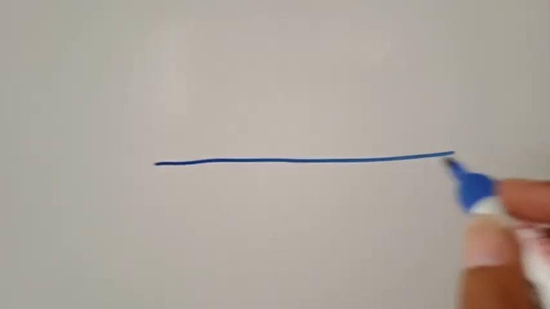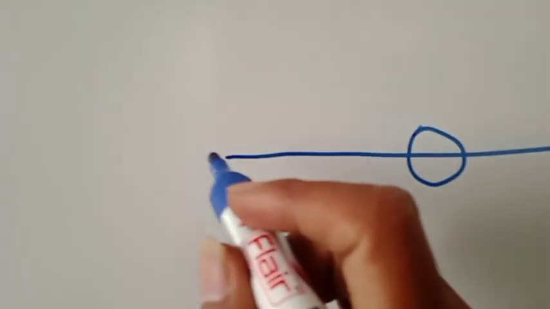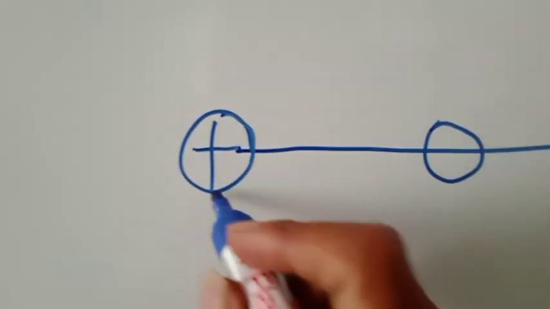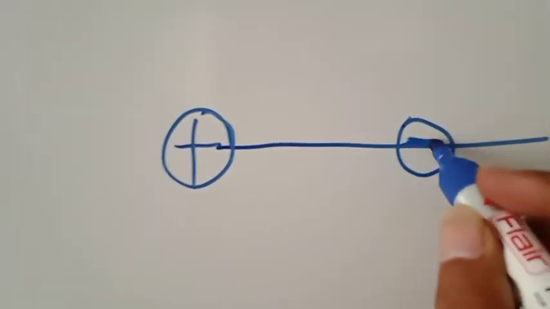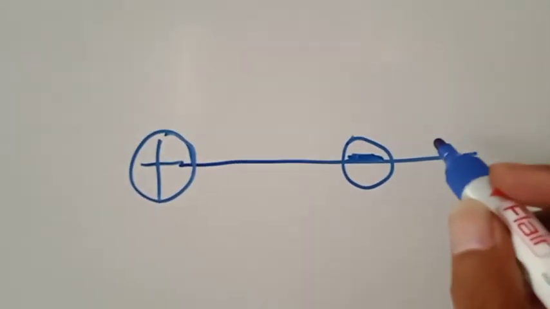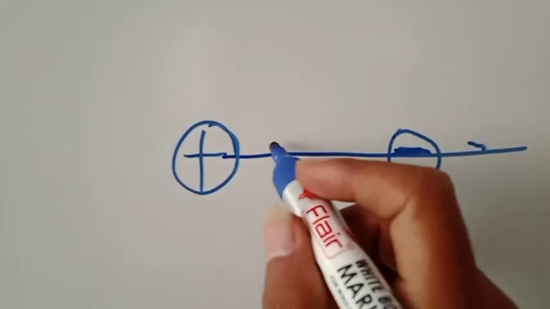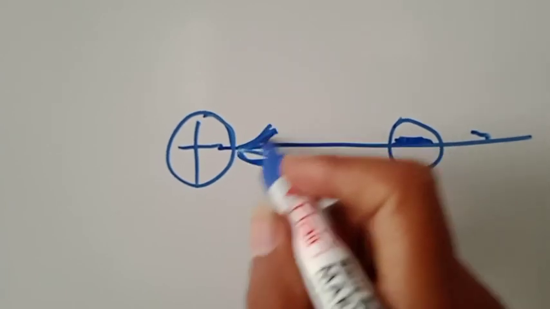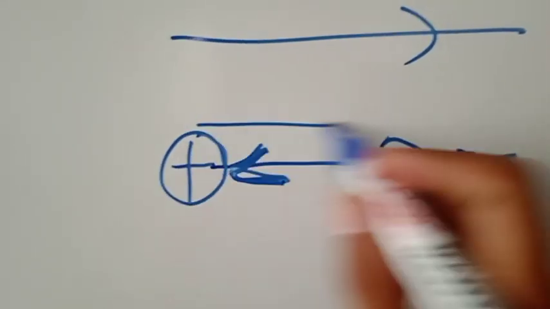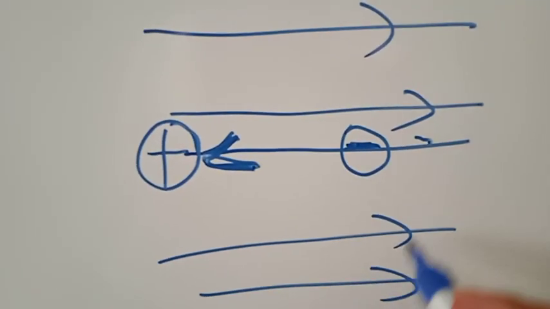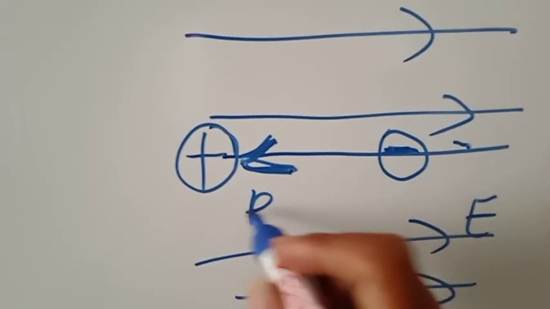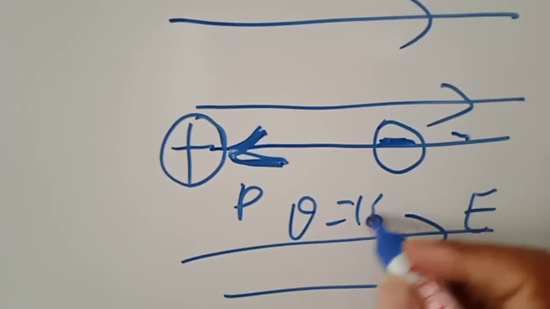But if the dipole is placed in such a way that its direction is opposite to the direction of the field, we know that the direction of the dipole moment is negative to positive, and this is the external electric field. So in this case theta is 180 degrees.